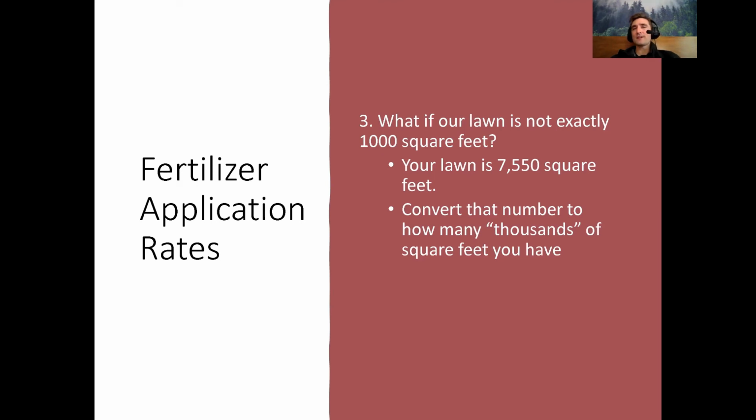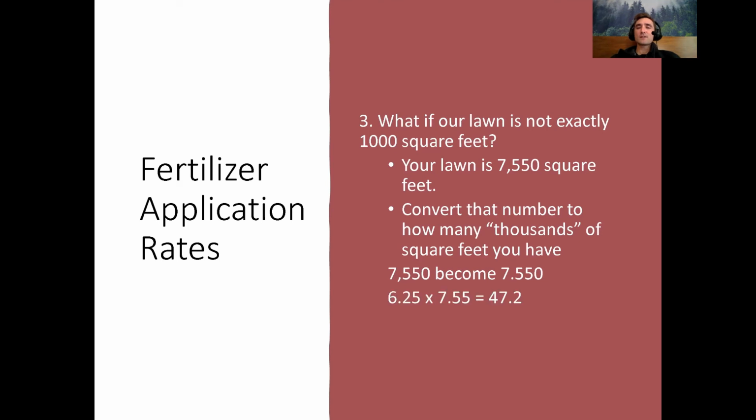Because we know how to get to 1,000 square feet. Well, how many times do we need to do that? So 7,550 becomes 7.550. That's how many 1,000s we have in 7,550.